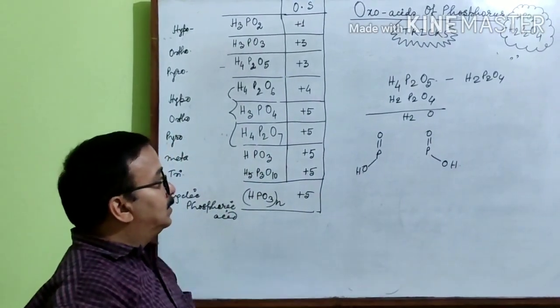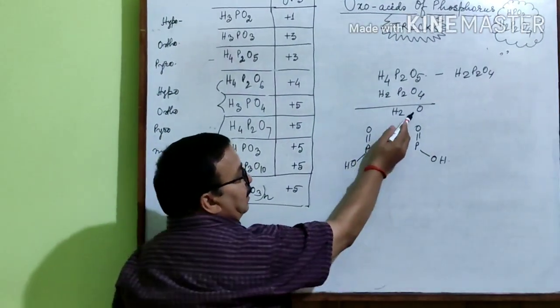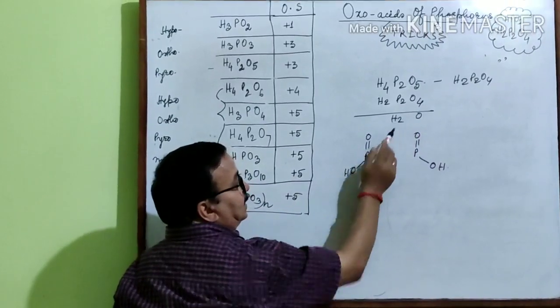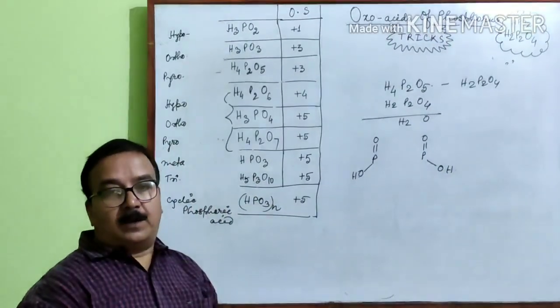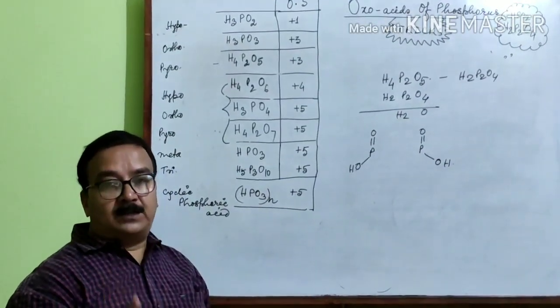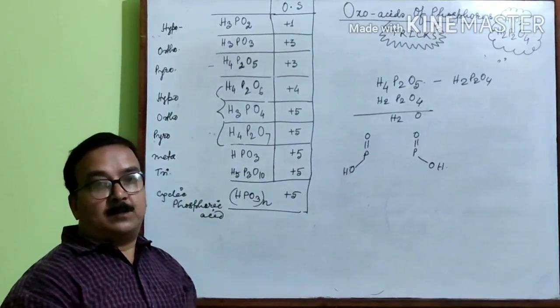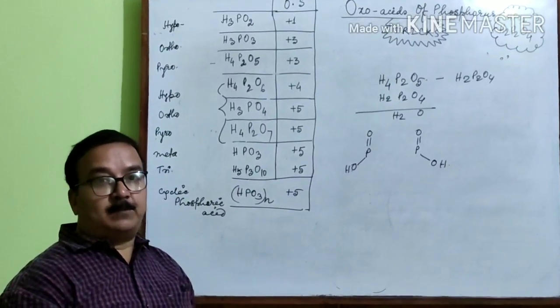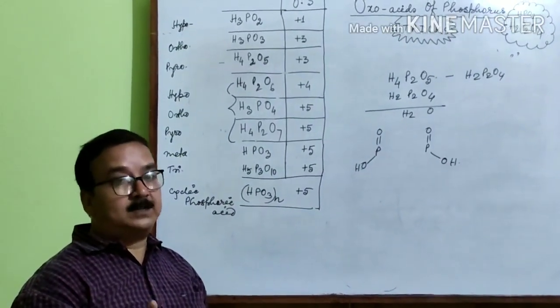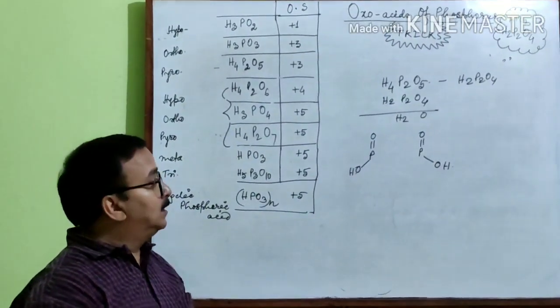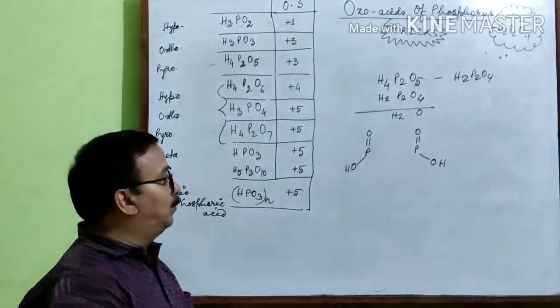Now see, here the difference is H2O, and we have learned that for each oxygen atom there is one OH bond. But at the same time, each phosphorus atom has to make 5 bonds. Then how can it make 5 bonds?